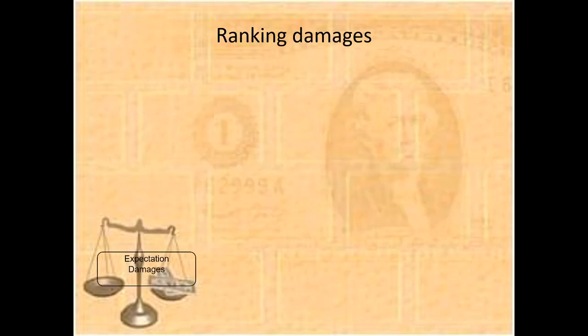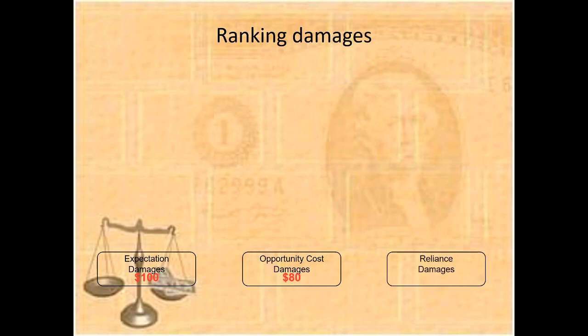So now that also makes a kind of matrix of benefit, that is the damage which was being paid as well as your expectation based on that difference. So the ranking of damages is something very interesting. Expectation damage is 100, which is greater than or equal to opportunity cost damage, which is 80, and reliance damage is 15. So this is going to give you ranks of where people's interest lies.